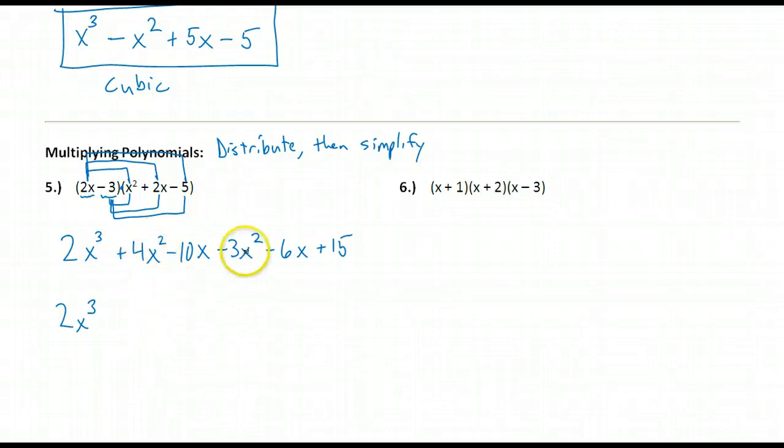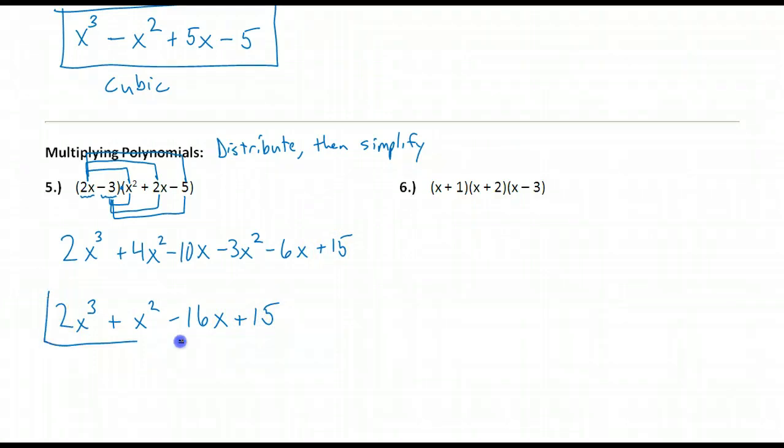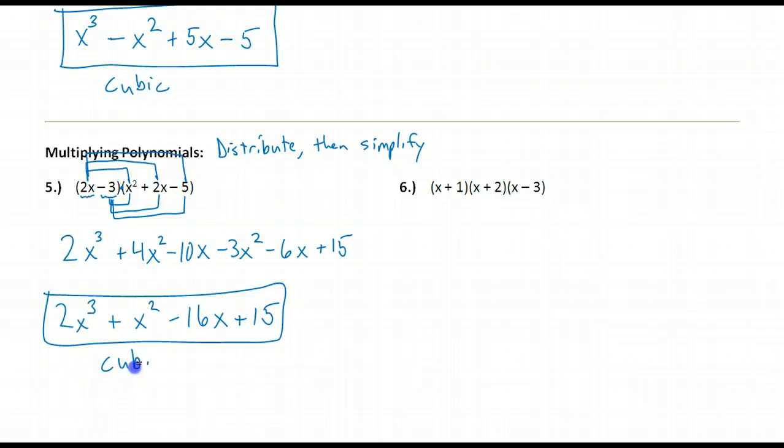So I need to combine my x squared terms. 4x squared minus 3x squared gives me positive 1x squared. My x terms, my x to the first terms, negative 10 minus 6 gives me negative 16x, plus my constant terms, 15. So if you look at the original, I had a linear polynomial times a quadratic polynomial, and my answer is cubic.